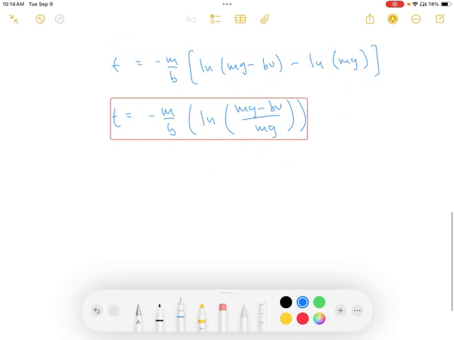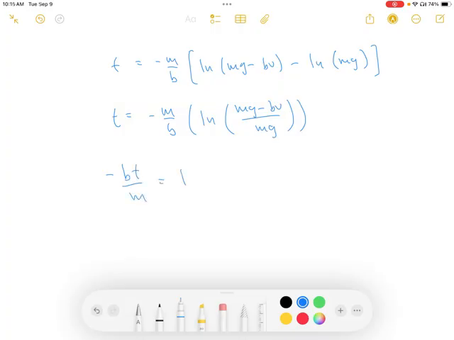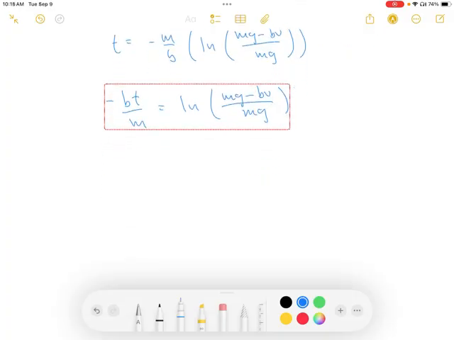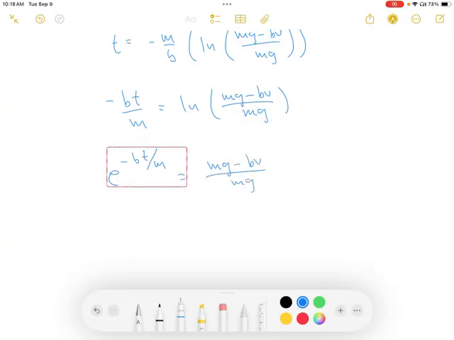Okay, and then we have minus bt over m equals natural log of mg minus bv divided by mg. Okay, to get rid of the natural log, we raise everything to e. So e to the minus bt over m is equal to mg minus bv divided by mg.